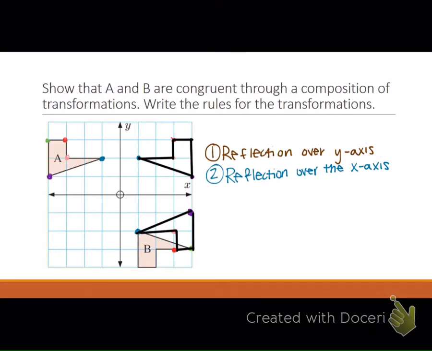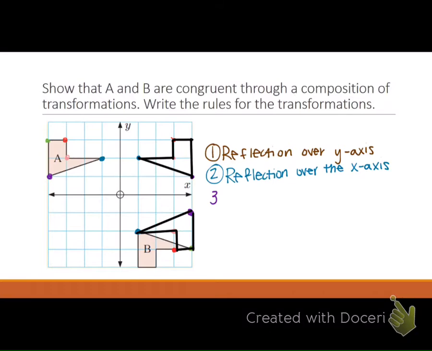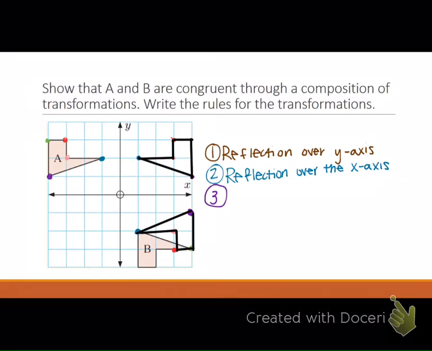Now what can we do? Tucker, what would you do now? Want to reflect over the y again? So reflection over the y. You guys are taking the long route to get here.